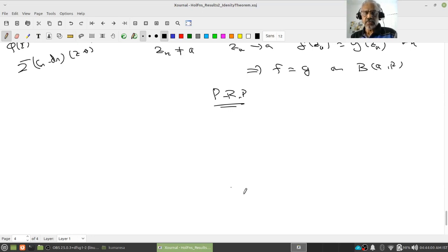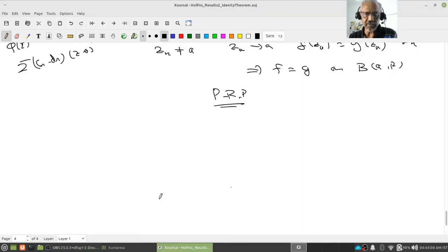So what did we finally achieve? Oh, good, I am sharing the screen. I was a little worried. What have we finally shown? We have shown that if I have two power series, to check they are equal, I don't have to verify f of z equal to g of z for every z in the common disk of convergence.